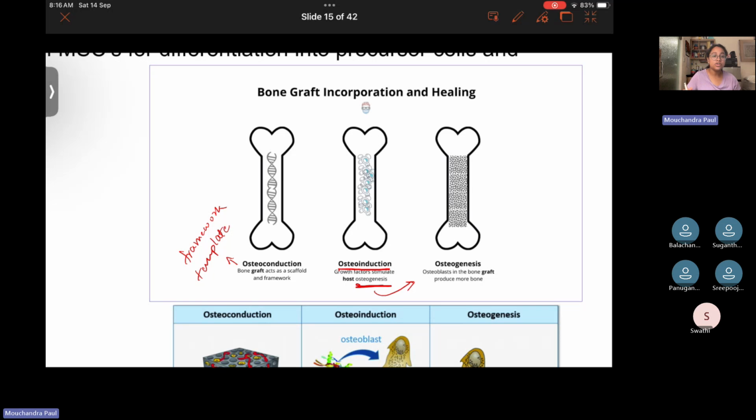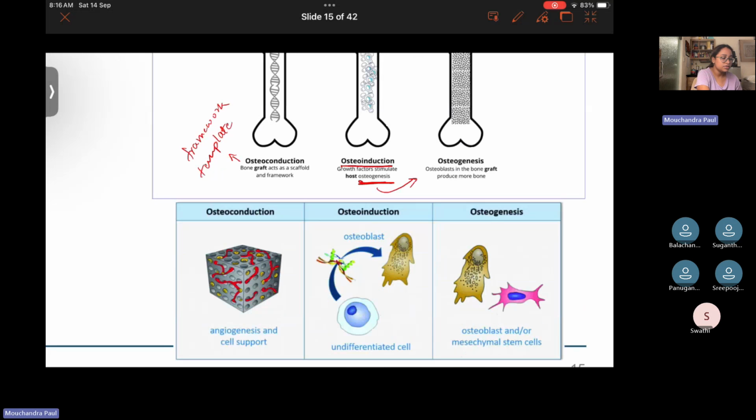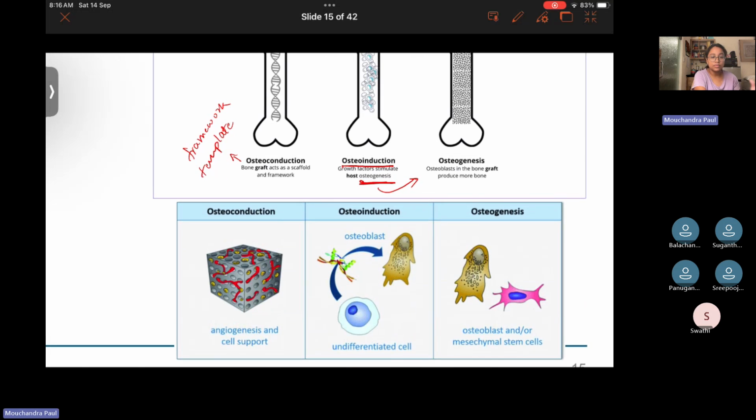So for successfully healing the defect, your scaffold should have all these three properties. Osteoconduction: it should allow cell adhesion and subsequent cell growth.